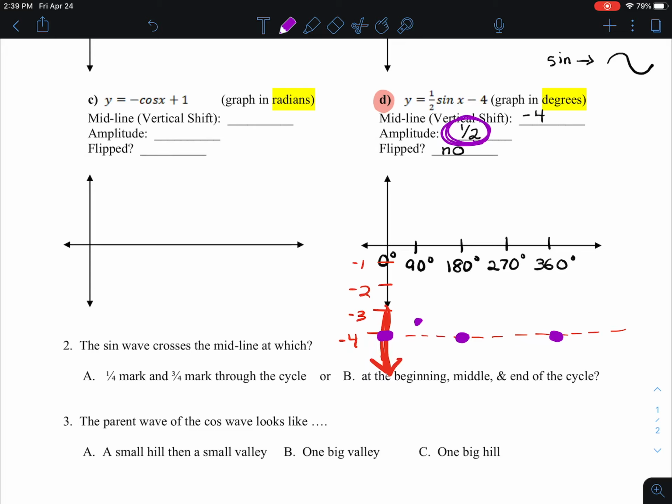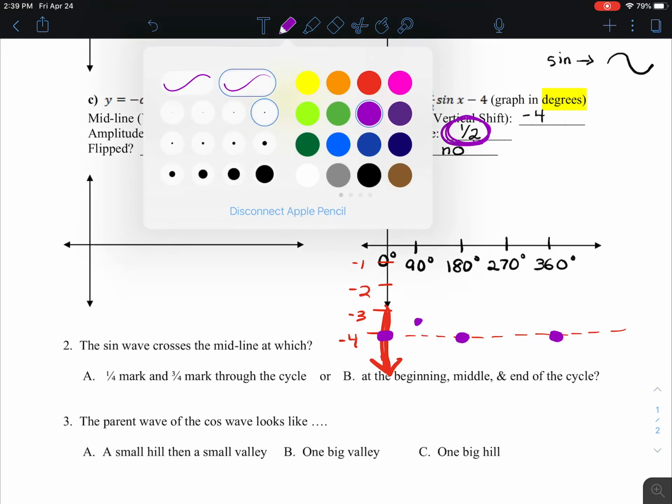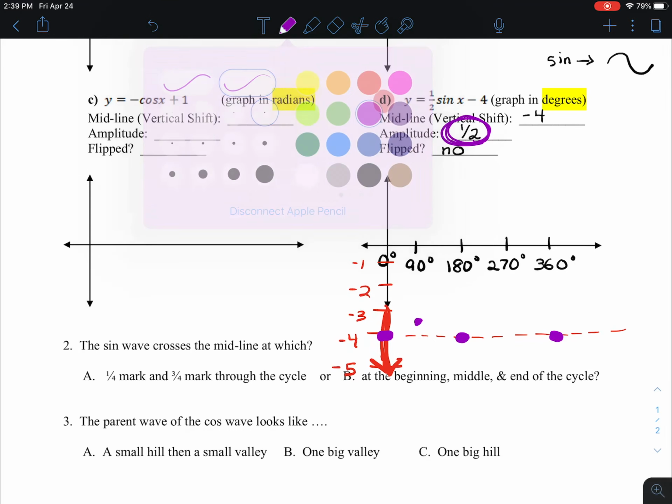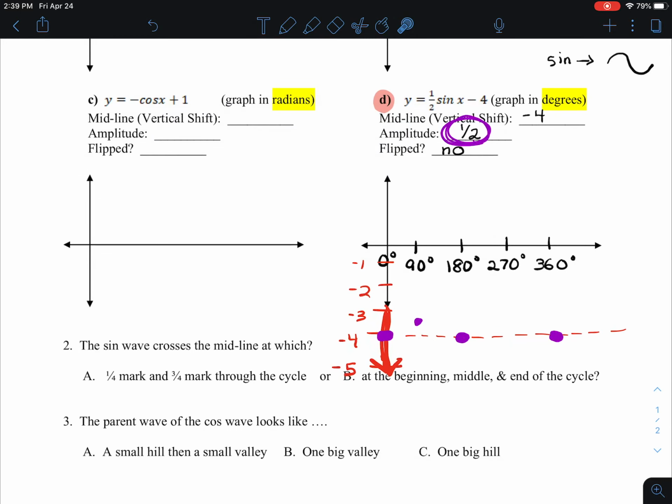So I'm only going up to -3.5. And I probably need to label this down to -5 here. Then at the 3/4 mark, right here at the 270, I need to stretch down from the midline by my amplitude, which is just half a unit. So now I'm stretching down to -4.5. And then I connect those.